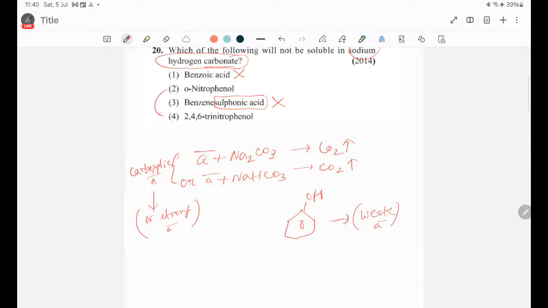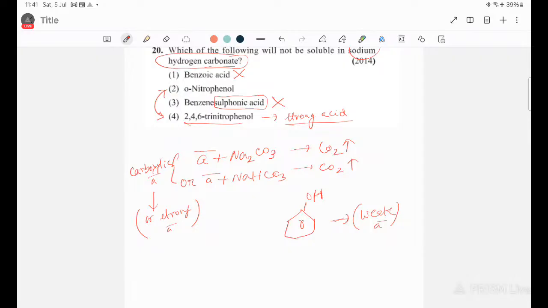Now between options 2 and 4, orthonitrophenol and 2,4,6 trinitrophenol, the 2,4,6 trinitrophenol will be comparatively a stronger acid. Why? Because of the 3 minus I affecting NO2 groups, the OH will be more ready to give H plus.